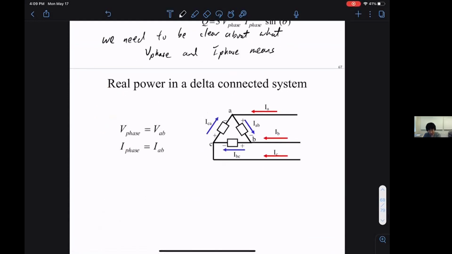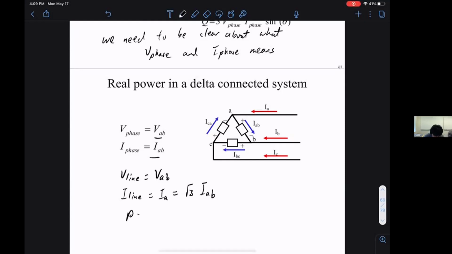Let's say for a delta-connected system, the phase voltage is VAB, the phase current is IAB, and the line-to-line voltage is VAB. The line current IA is √3 times IAB.